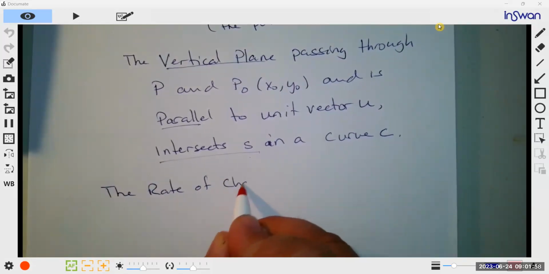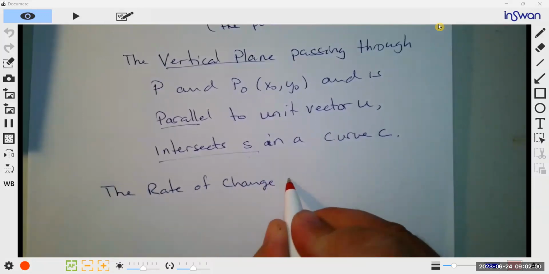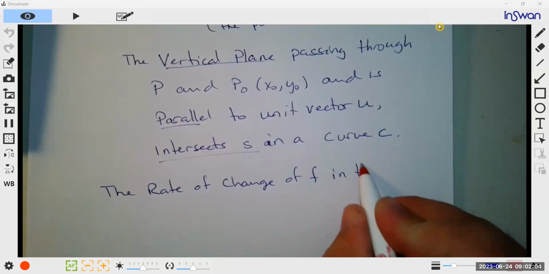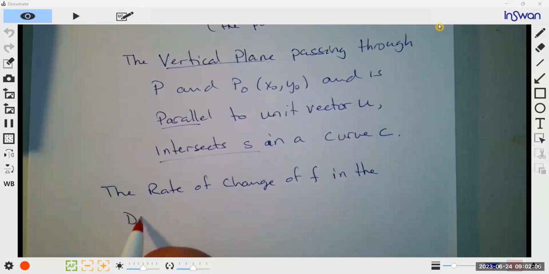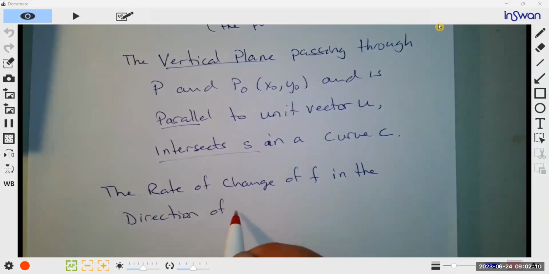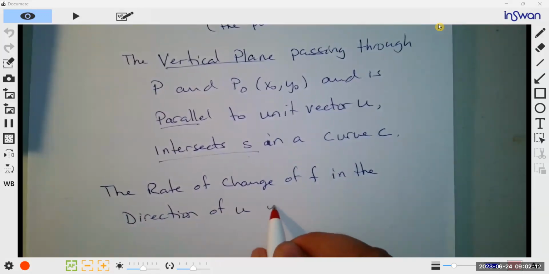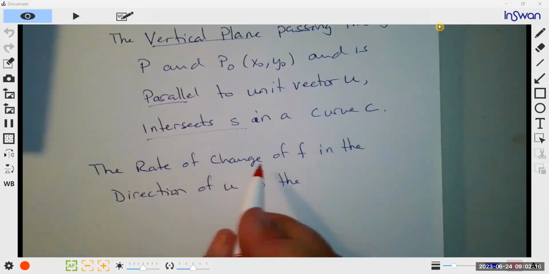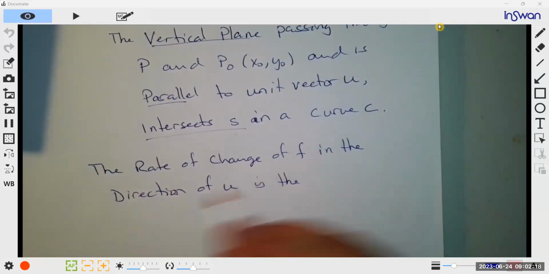The rate of change of f in the direction of u. Remember, in calculus 1, the rate of change is the first derivative.